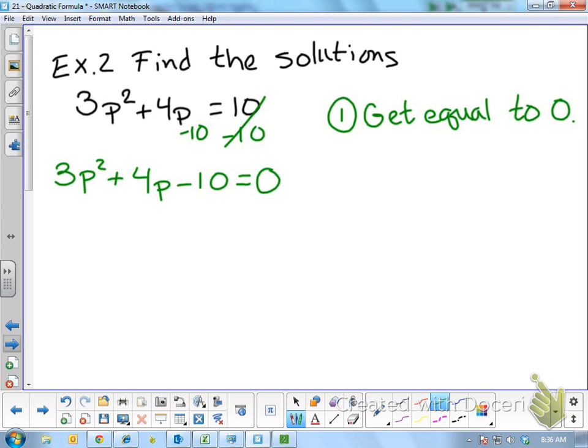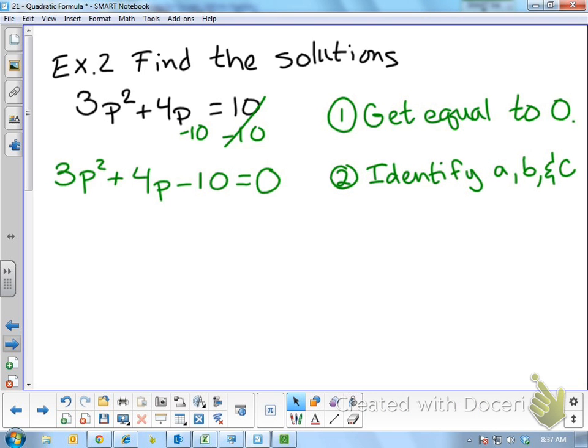So next, if we're going to use the quadratic formula, negative b plus or minus square root of b squared minus 4ac all over 2a, I know it is a really long formula, we need to know what is a, what is b, what is c. So we need to identify a, b, and c again.